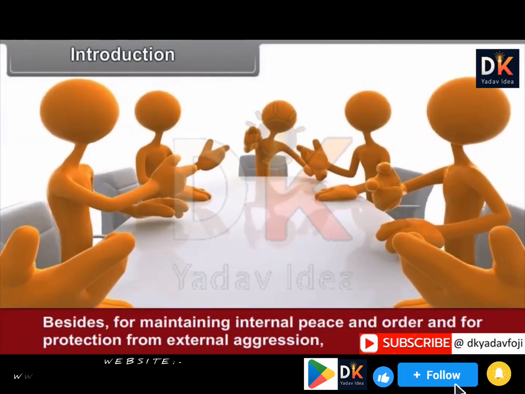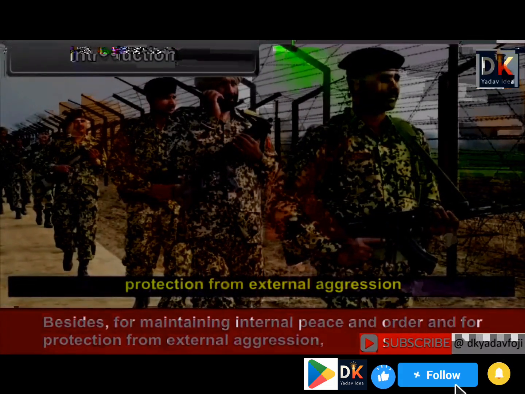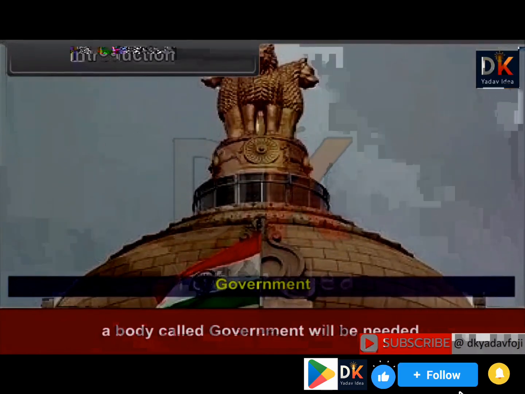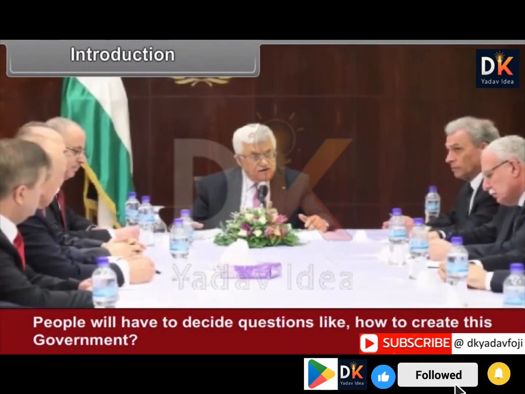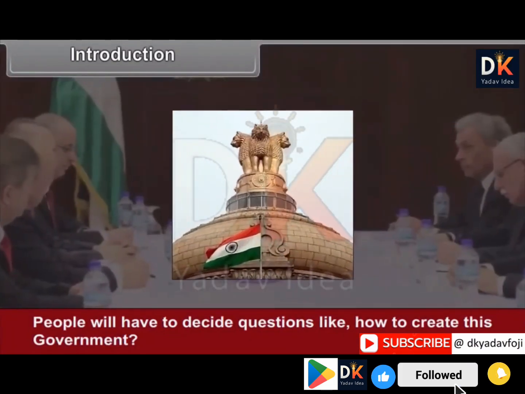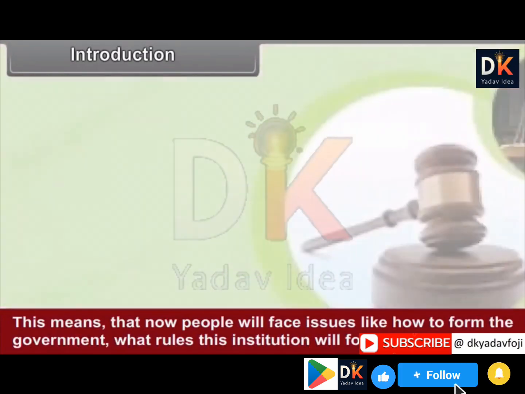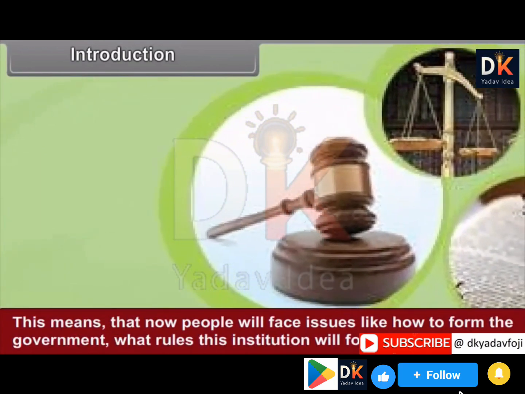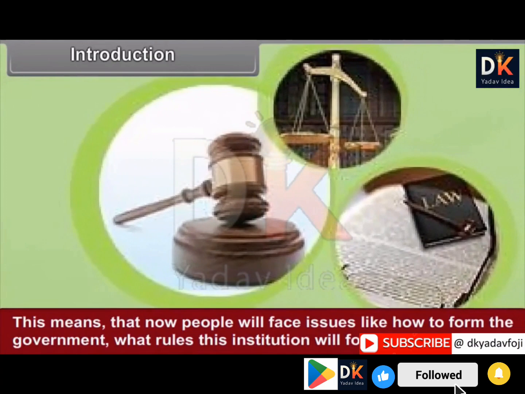Besides, for maintaining internal peace and order, and for protection from external aggression, a body called government will be needed. People will have to decide questions like: how to create this government? How will it function? This means that now people will face issues like how to form the government, what rules this institution will follow, etc.